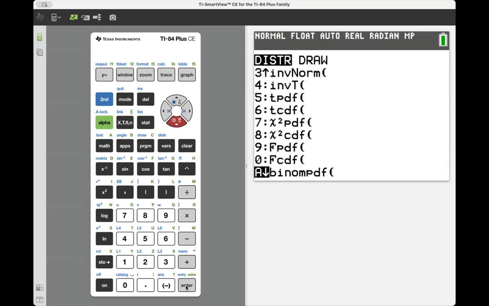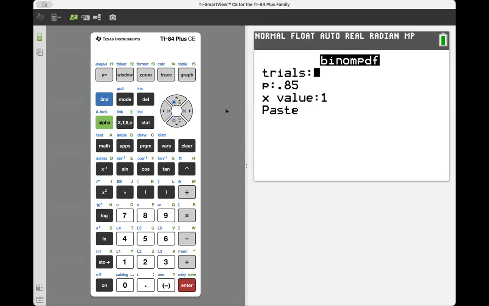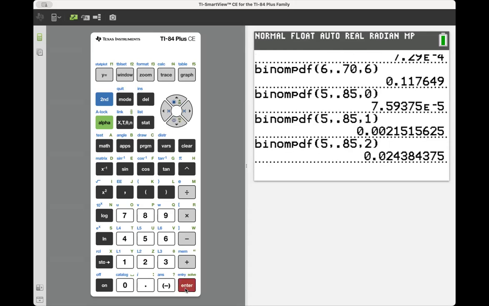The calculator does remember what you put in the last time, so you only have to change the X value. When X is 2, it's getting bigger, 0.0244. That was 0, 1, 2. And then you'll also calculate the same thing for X values of 3, 4, and 5, and you'll put those in the table.